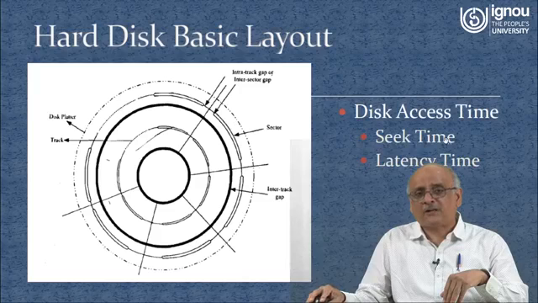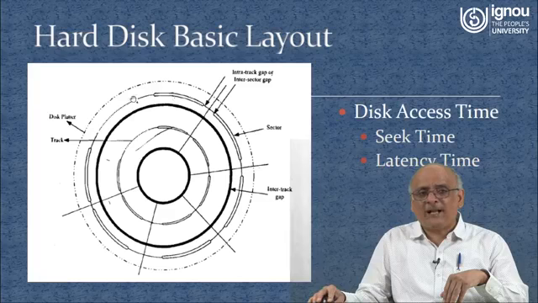So I have sought a particular track, I have done a seek. Now suppose I have referred to this particular sector and my head is here, and the sector has already gone past, suppose the disk is rotating anti-clockwise. So it has already passed the head.